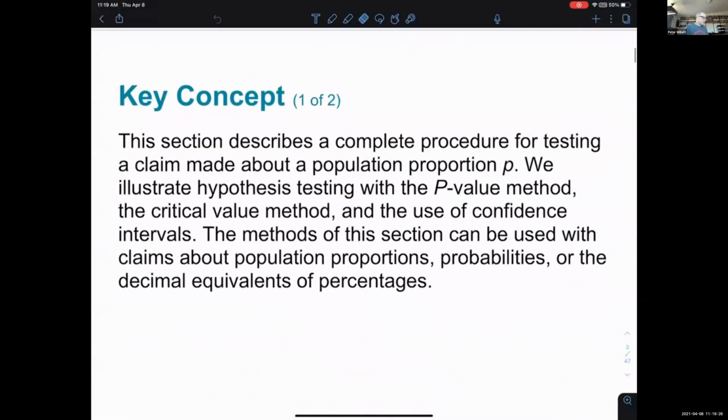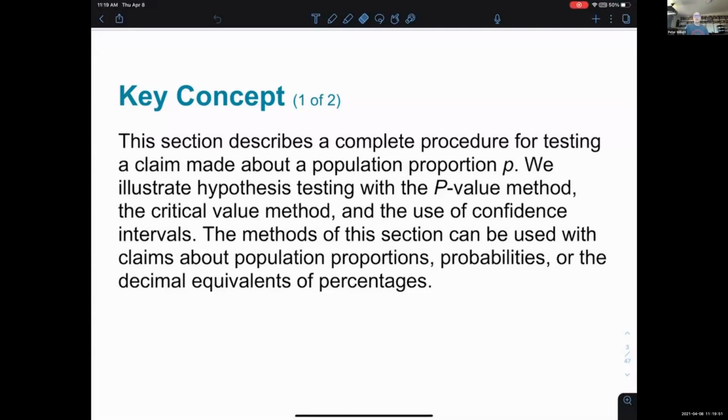So the key concept has a couple of slides to introduce it to us. This section describes a complete procedure for testing a claim made about a population proportion p. We illustrate hypothesis testing with the P-value method, the critical value method, and the use of confidence intervals.